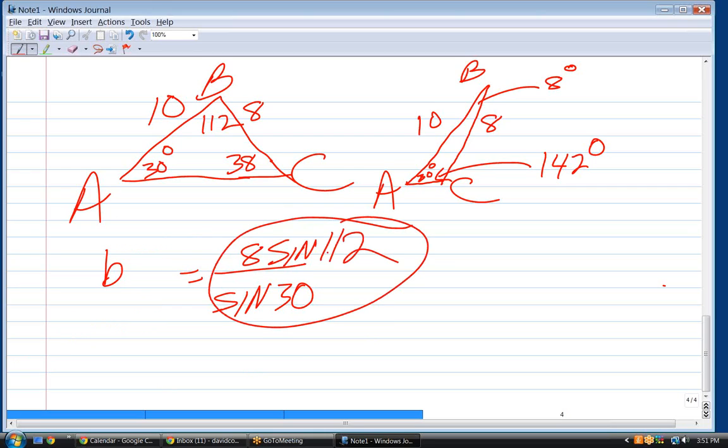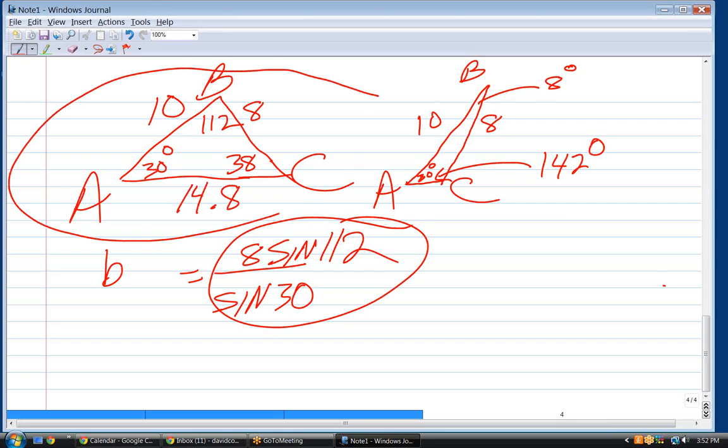What's that number? Hold on. It's 14.8. Does that pass the ballpark test for that triangle?